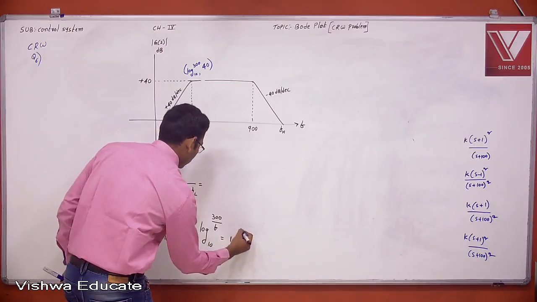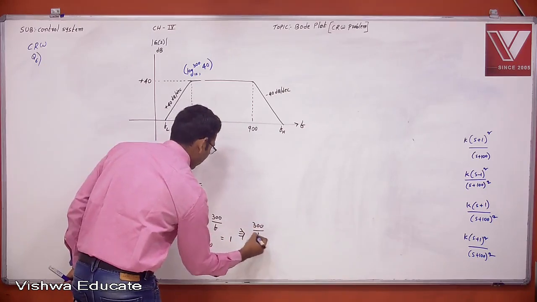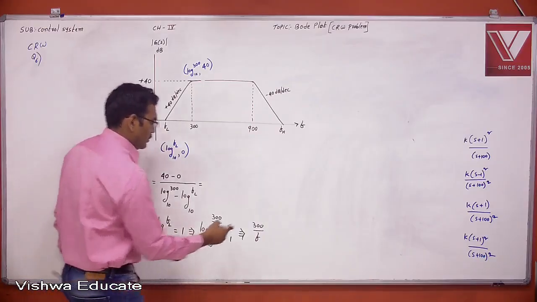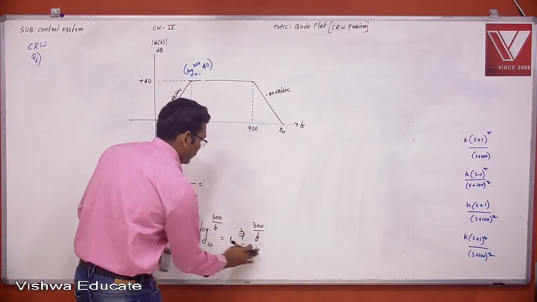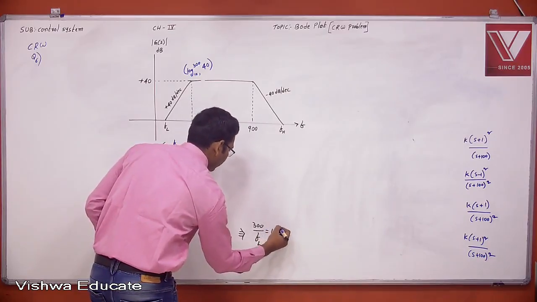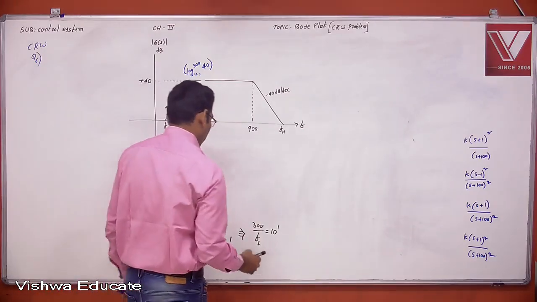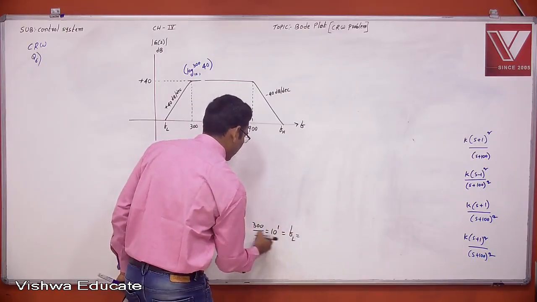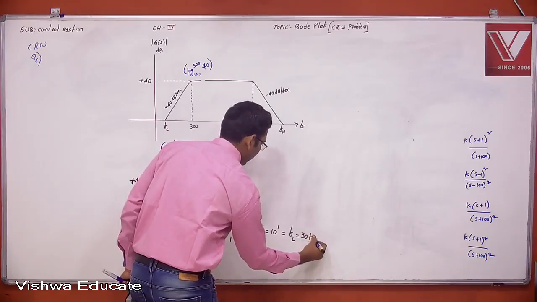So 300 by FL, sorry, this is not F, F is FL. 300 by FL is equal to 10 power 1. So FL is nothing but 300 by 10, FL equal to 30 Hz finally.